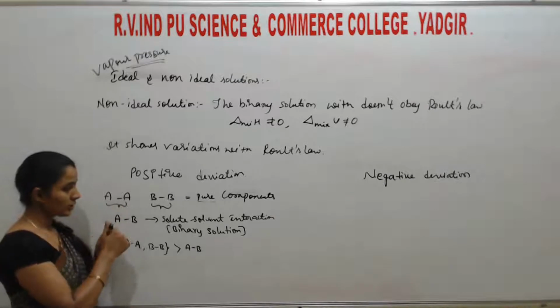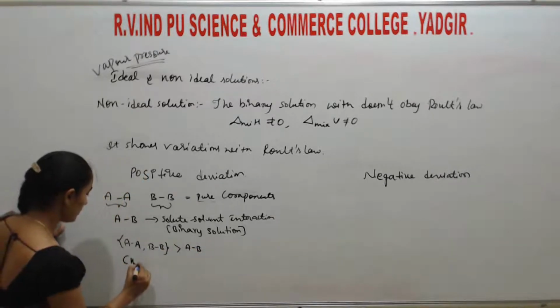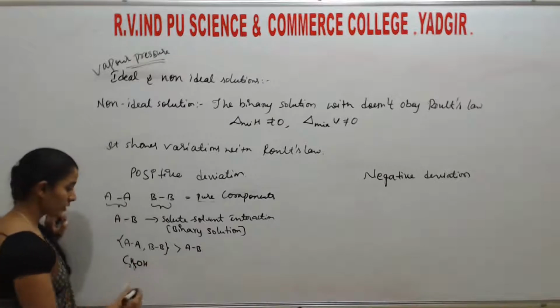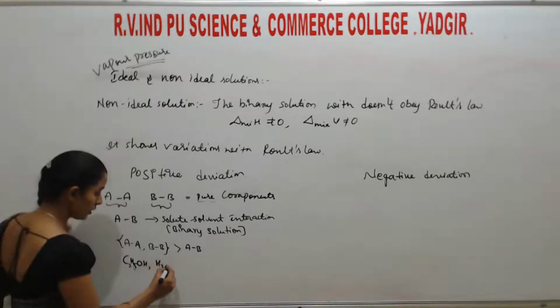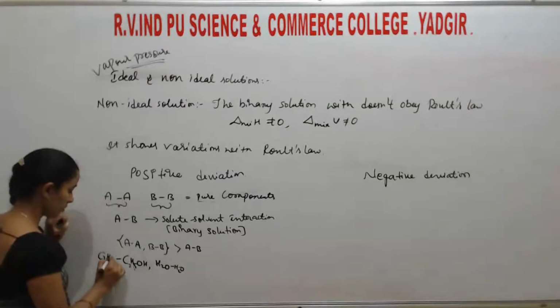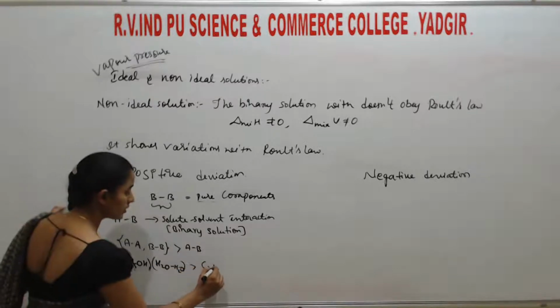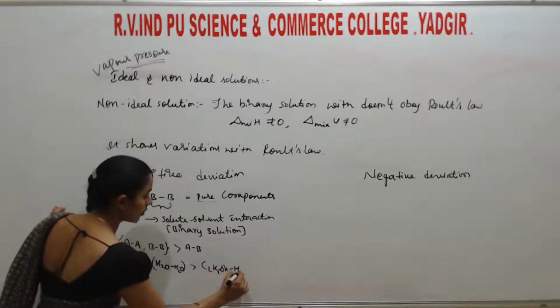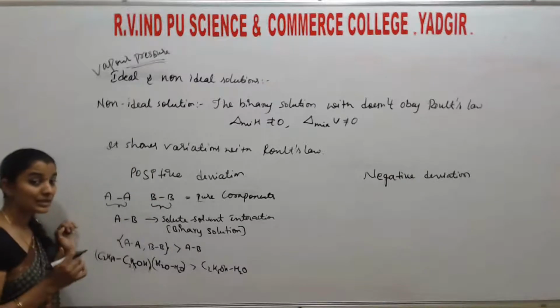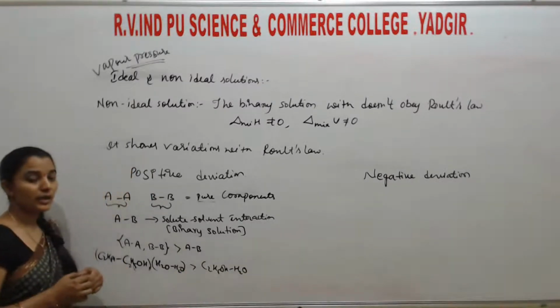Ethanol means C2H5OH. This ethanol interaction is there, and water interaction, this one. This is stronger than the C2H5OH and water interaction. There is less force of attraction between this C2H5 and this H2O.